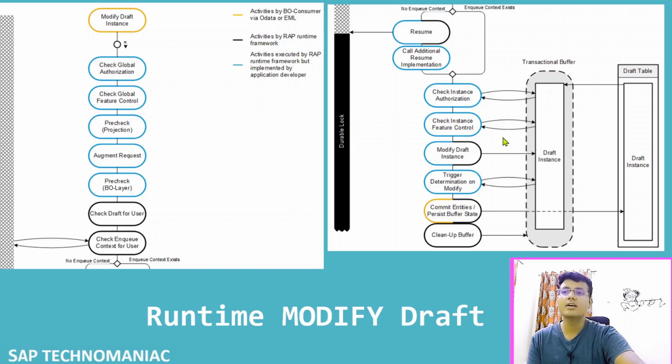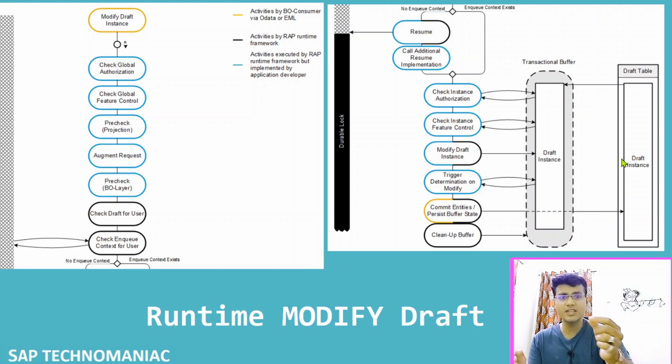Once everything is done, it will modify the draft instance in the transactional buffer, and it will trigger the determinations which we have defined on the modify. After that, the commit work will trigger commit entities to persist the draft state. It will save the draft instance data, and we will clean up the buffer. So each time, all these steps are happening in the backend whenever you are changing one field on your front-end Fiori screen. Suppose I change the price from 100 to 200, all these operations are happening, and that 200 is updating directly in the draft table.